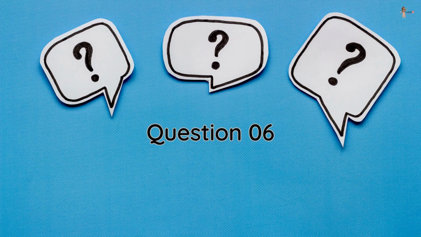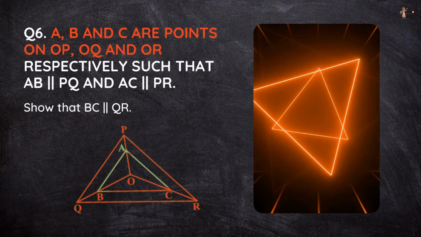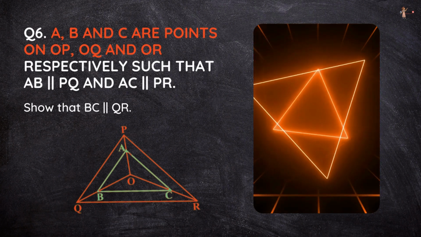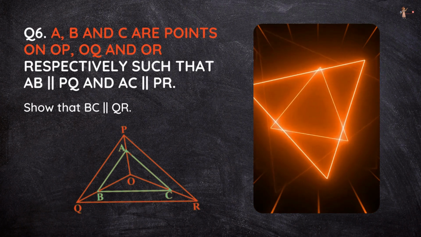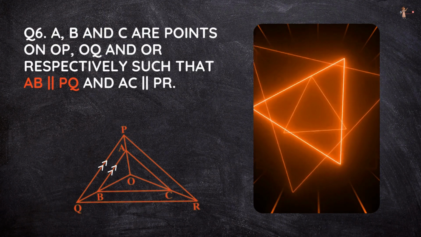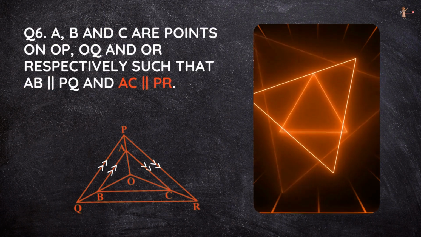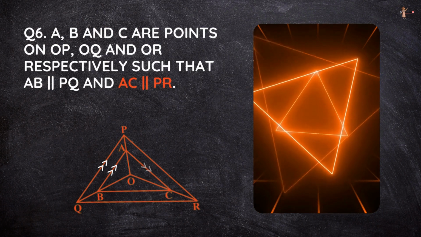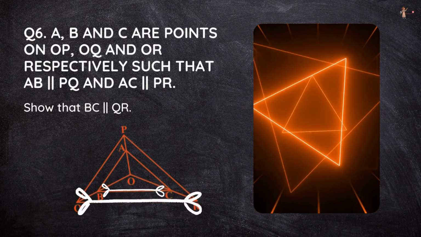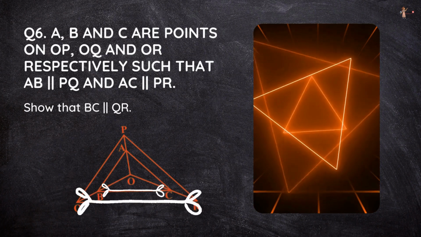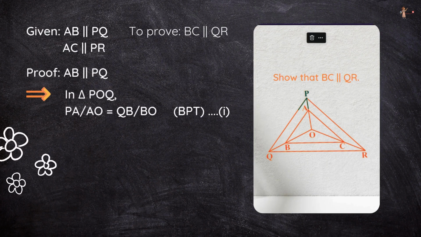Let's see question 6. A, B, and C are points on OP, OQ, and OR respectively such that AB is parallel to PQ and AC is parallel to PR. Show that BC is parallel to QR. In triangle POQ, PA upon AO would be equal to QB upon BO since AB is parallel to PQ.